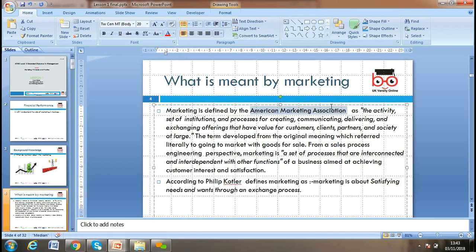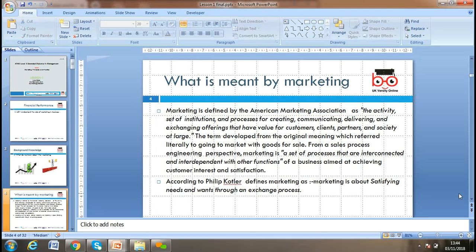AMA is the American Marketing Association, which defines marketing as the activity, set of institutions, and processes for creating, communicating, delivering, and exchanging offerings that have value for customers, clients, partners, and society at large.